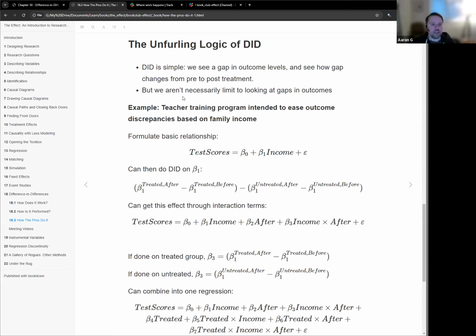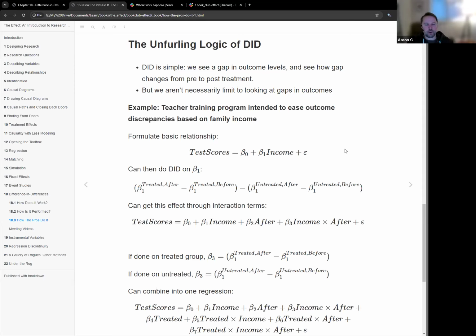And so the example that was provided is there's a teacher training program that took place, and the purpose of this was to narrow the differences in test scores between students that come from an advantaged background as measured by income versus students that come from a disadvantaged background where the family does not have a high income, so low income versus high income families.